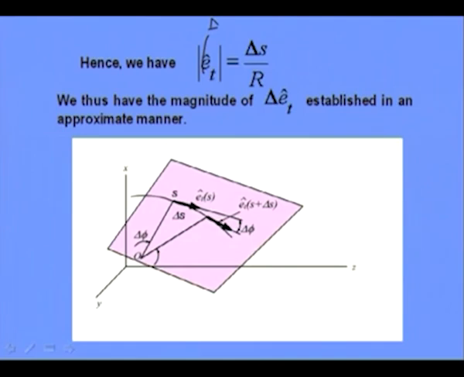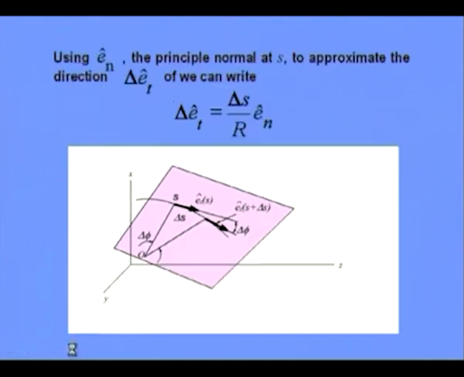Delta ET is nothing but delta S divided by R. Now, using En, the principal normal at S, to approximate the direction of delta ET, we can write delta ET is equal to delta S divided by R into En, where En is the unit vector normal to the tangent.